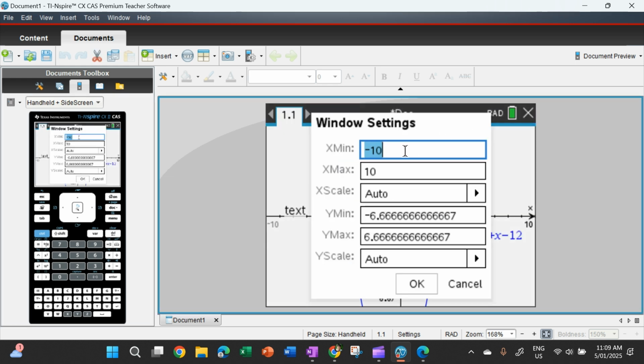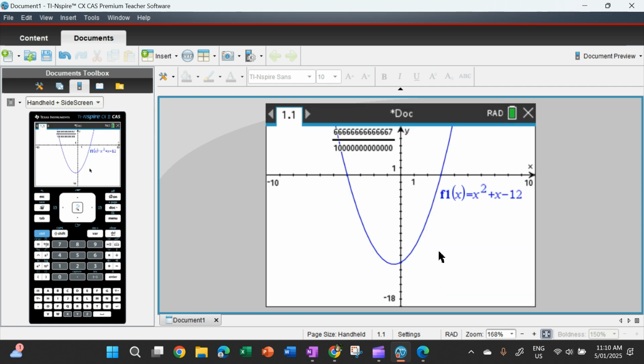Minus 10 minimum, maximum, that's fine for the horizontal axis, since we can see the x-intercepts already, but the minimum for y needs to be lower so the whole graph shape shows. So maybe minus 18, and press OK.